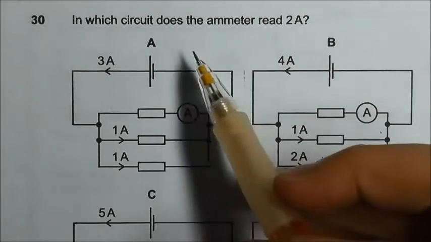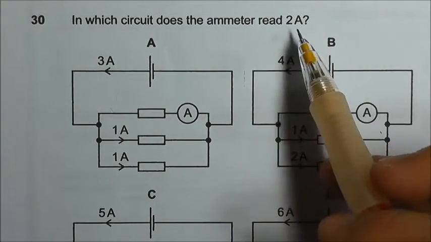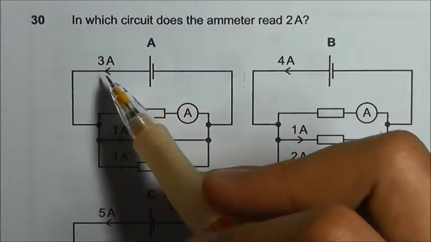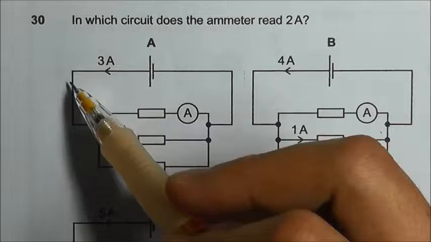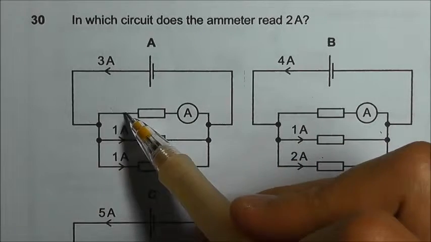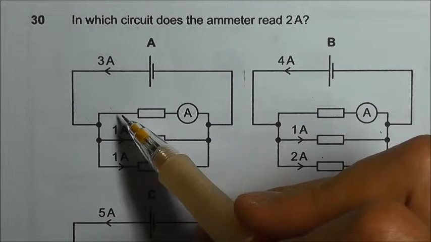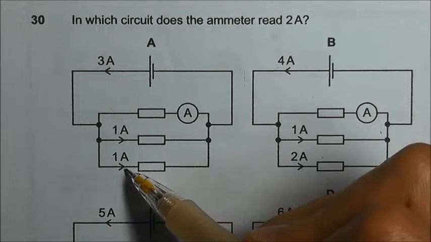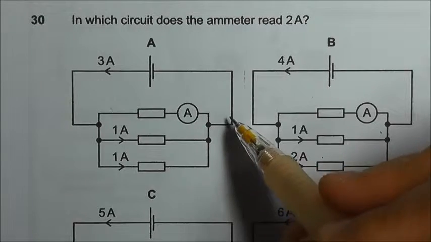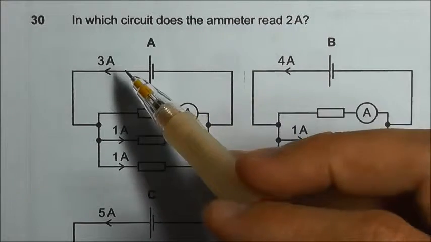In which circuit does the ammeter read 2 ampere? Let's recap. If I have a current of 3 ampere flowing into a parallel branch, the 3 ampere will be split up into smaller currents in each branch, and after that it will merge back to give the original current of 3 ampere.